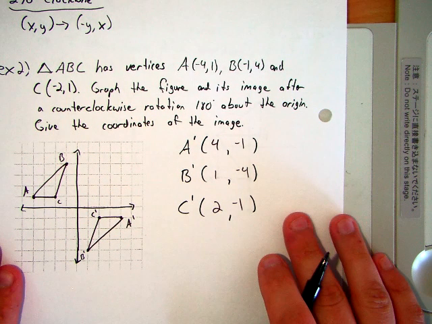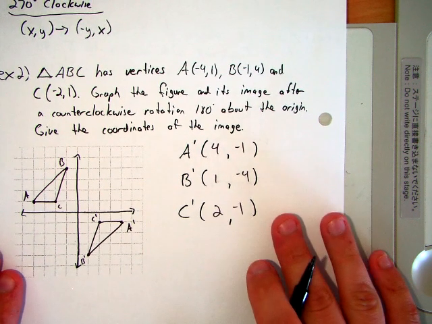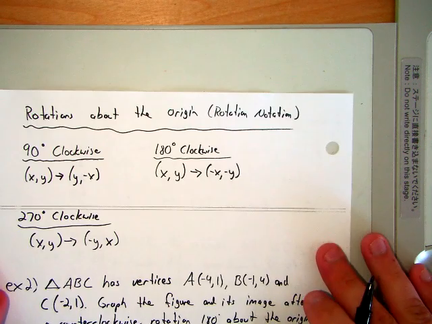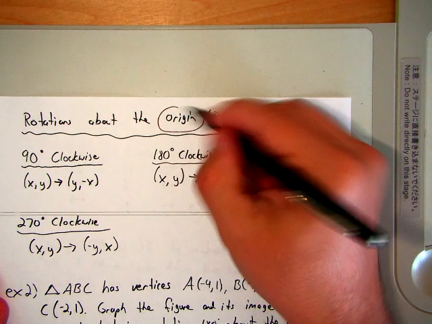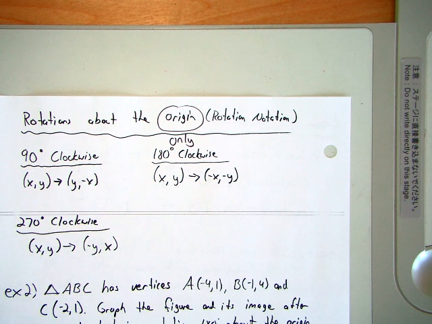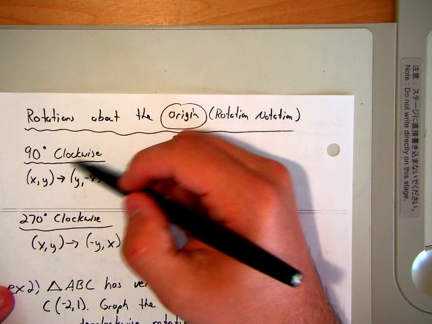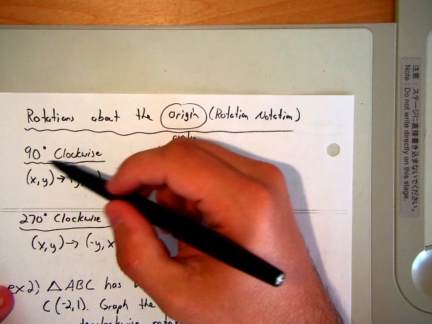When we are talking about rotations, there can be something very helpful for us to help us figure that out. And that would be something called rotation notation. So this is about the origin, and that's only the origin. When we make a 90 degree clockwise rotation, you can simply do it like this.